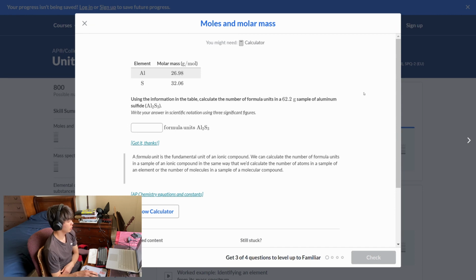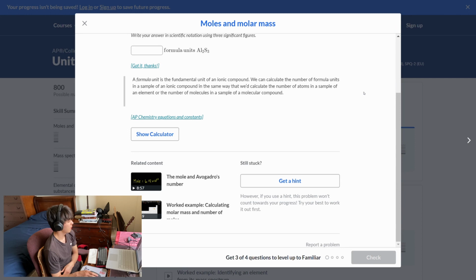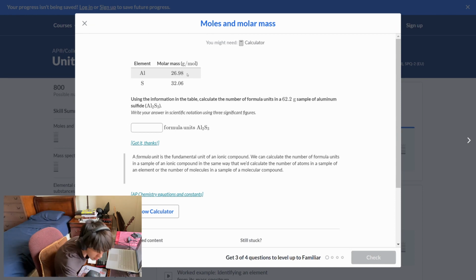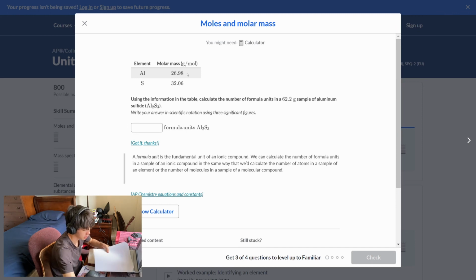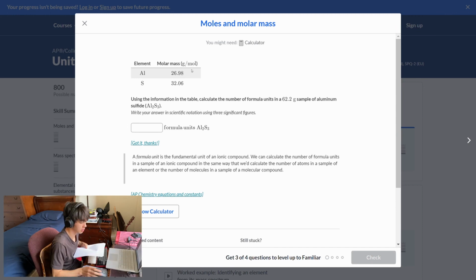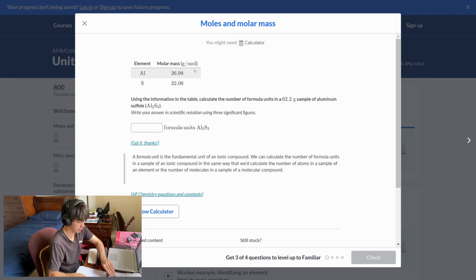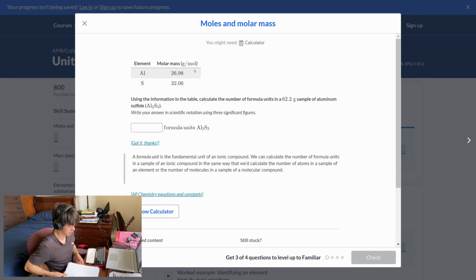Oh, is the formula units how many moles it is? Okay. So if we have 26.98 grams per mole, get out my papers. Okay, swap. We put that like there. Let's get this set up.